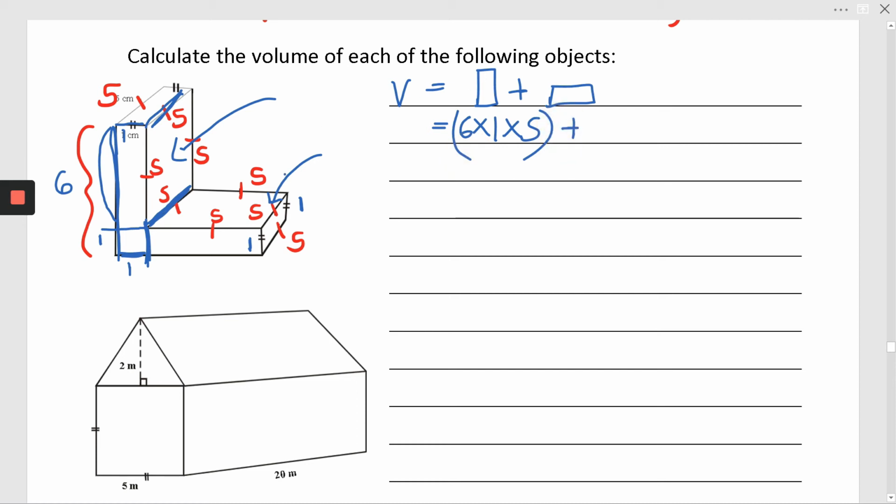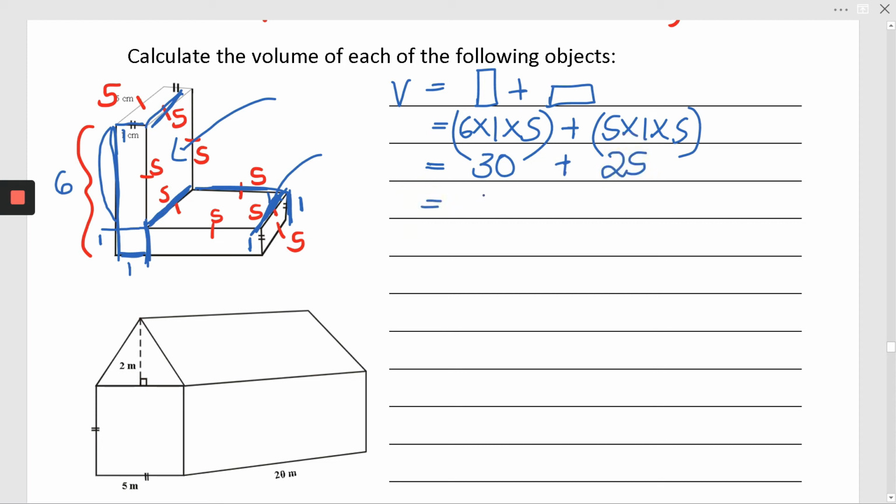And my other block is this one over here. There's 5 times 1 times the other measurement, which is 5. Again, the order of length and breadth and height is not important because we're multiplying everything. That gets me 30, and this gets me 25.